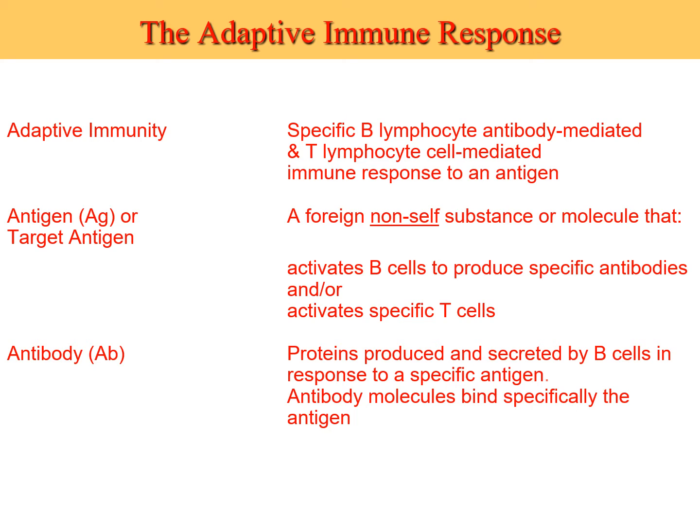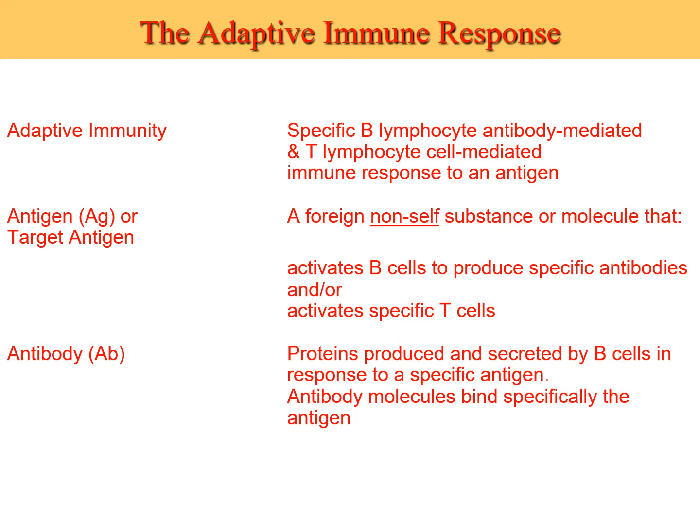So the adaptive immune response is mediated by B lymphocytes and T lymphocytes, or B cells and T cells, which means the same. These cells are produced in the bone marrow, like any other blood cell.